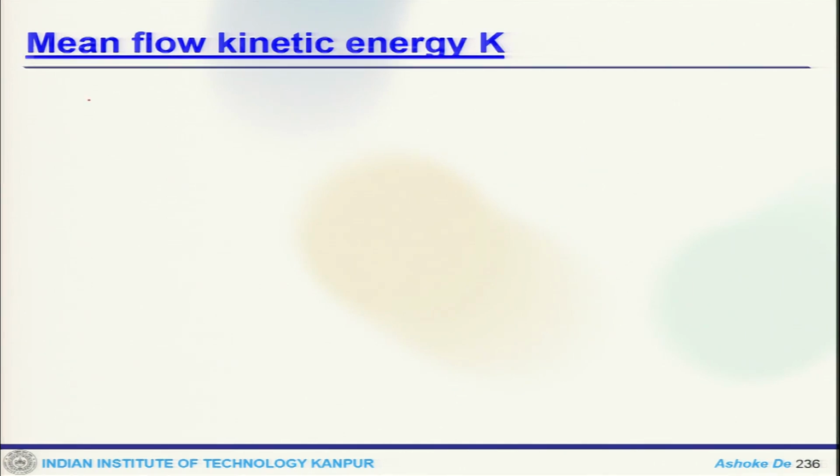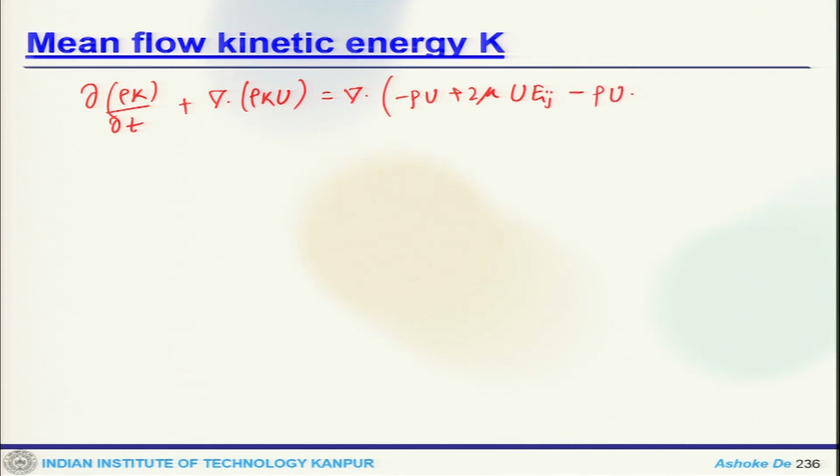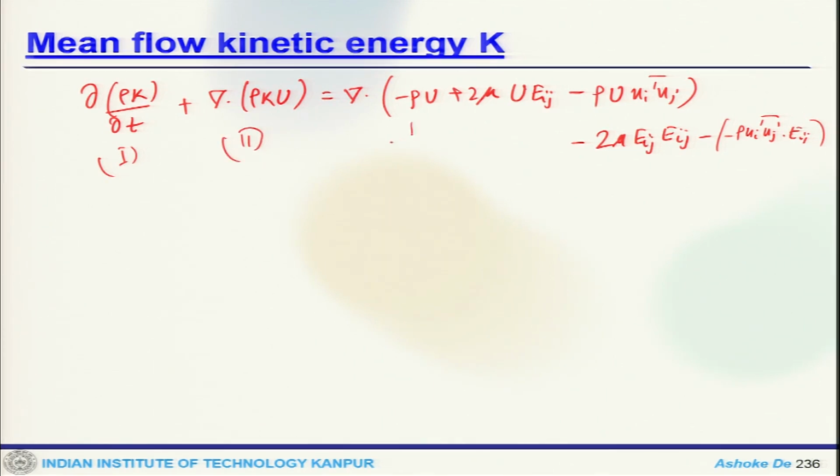Now, the mean flow kinetic energy equation, which is rho dk by dt plus del dot rho k U, equals del dot of minus p U plus 2 mu U E_ij minus rho U u_i' u_j', minus 2 mu E_ij E_ij, minus rho u_i' u_j' E_ij. Here, these are the first term, second term, third, fourth, fifth, sixth, seventh.